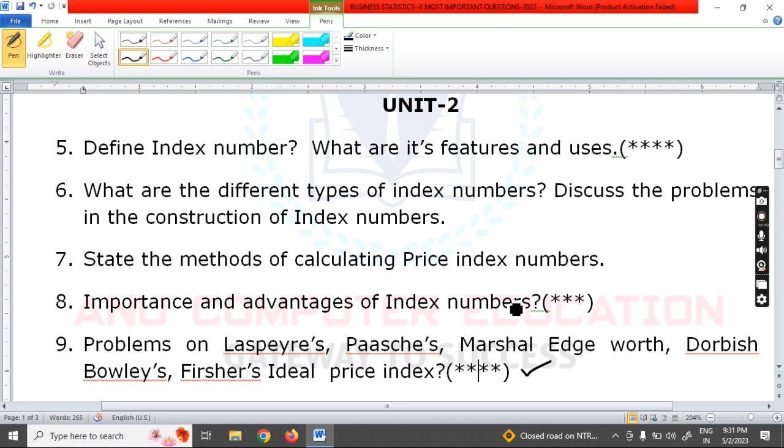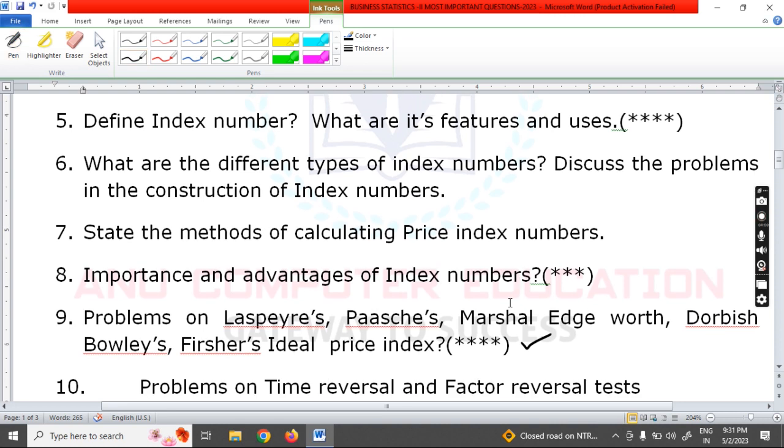So you always use the price index only. If they specifically ask for the quantity index, then only we need to perform the quantity index numbers. As per the syllabus, you will mostly have price index numbers. If they ask specifically for quantity, then you have to use quantity index number formulas. So this is very important.